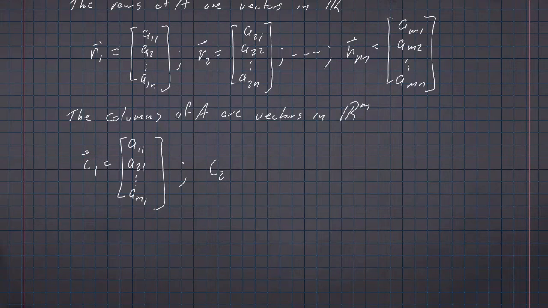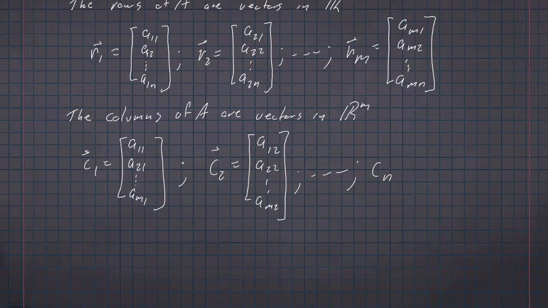We have column 2 as A12, A22, down to A M2. And it keeps going until we get to column N, which has entries A1n, A2n, all the way down to A Mn.